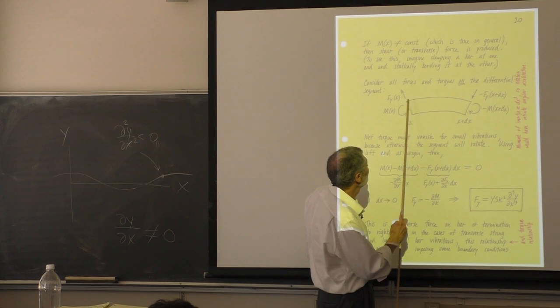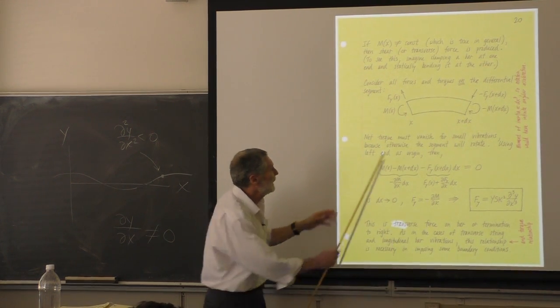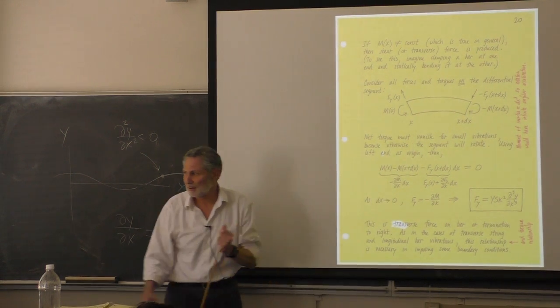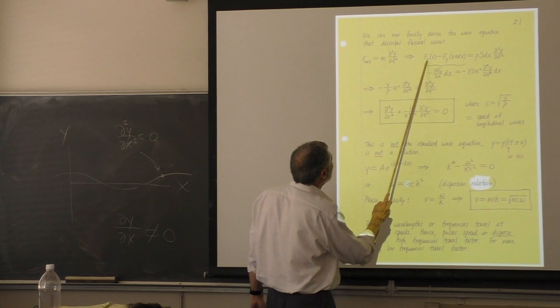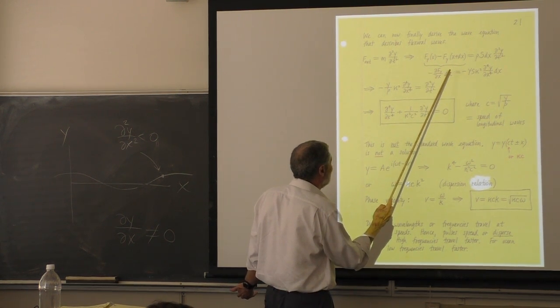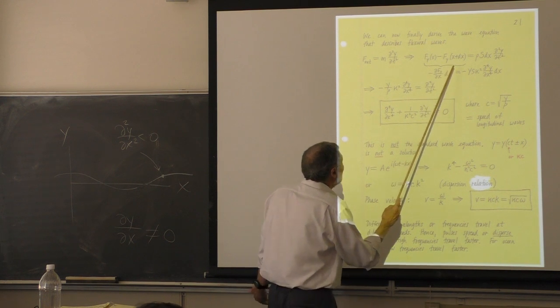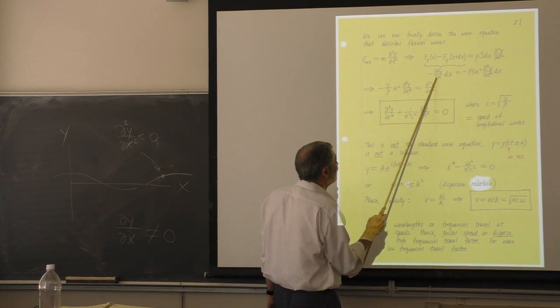The net force is this force plus that force, and it's going to be the mass times the acceleration. So here are the two forces. Again, we do the standard Taylor thing. As dx goes to 0, we just need to worry about the first order Taylor correction of this. So we get this, just like I was saying before.